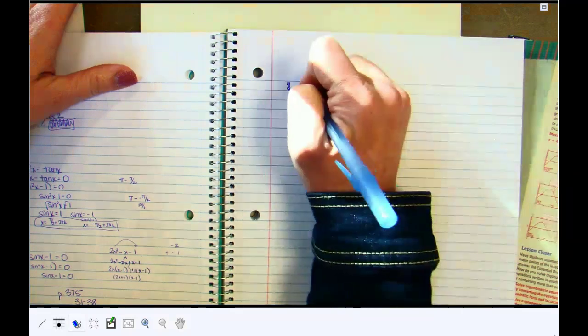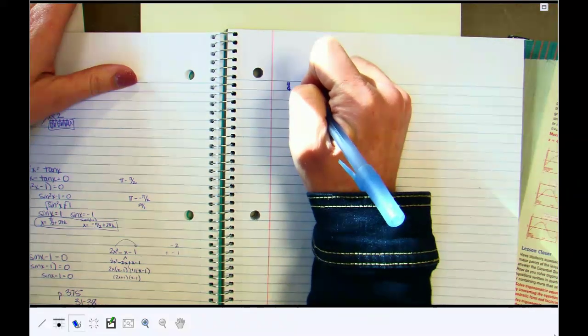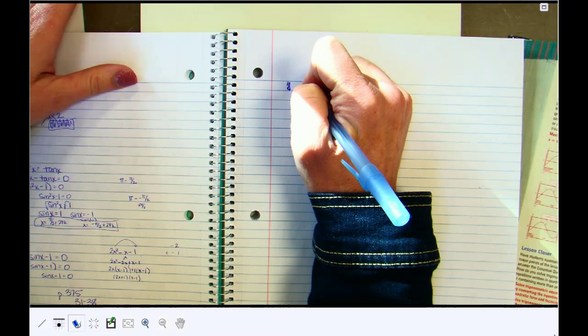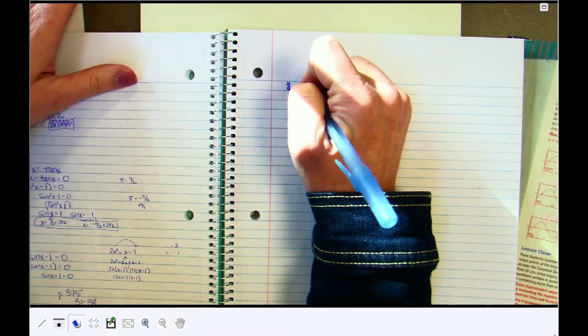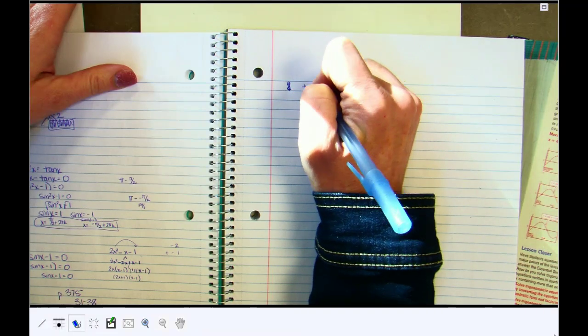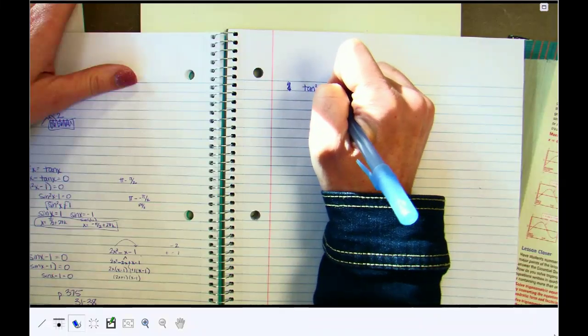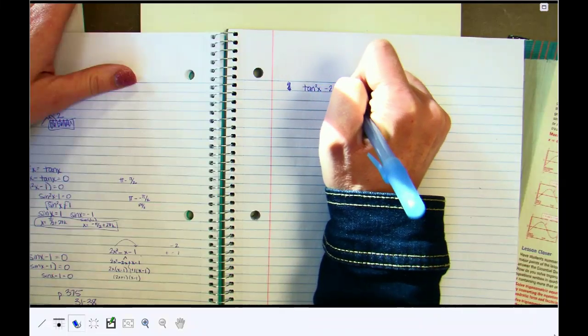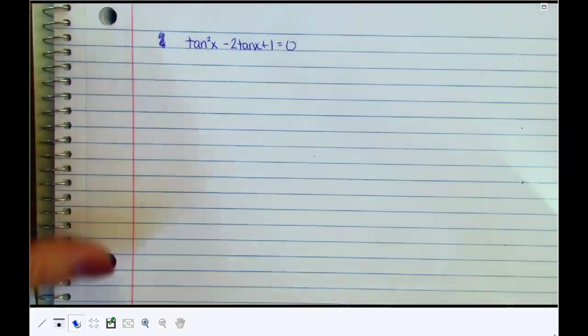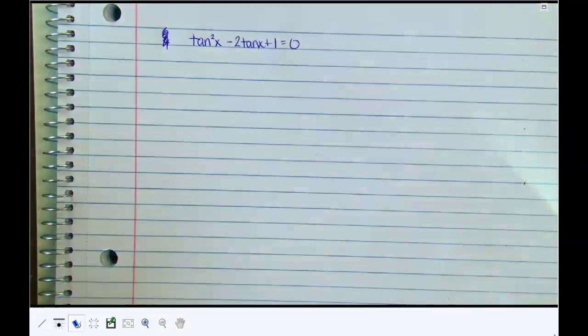Let's say we've got tangent squared x minus 2 tangent x plus 1 equals 0. So we're going to talk about how you solve this. I picked tangent because tangent's the easiest one.